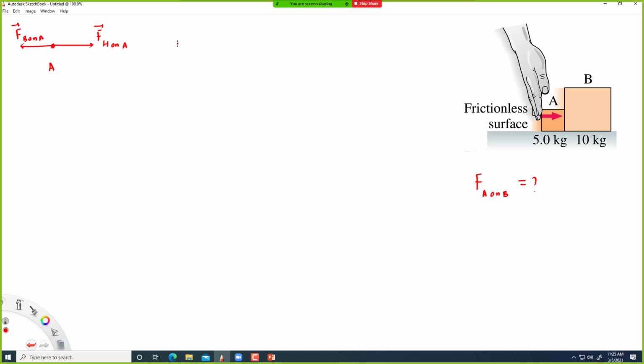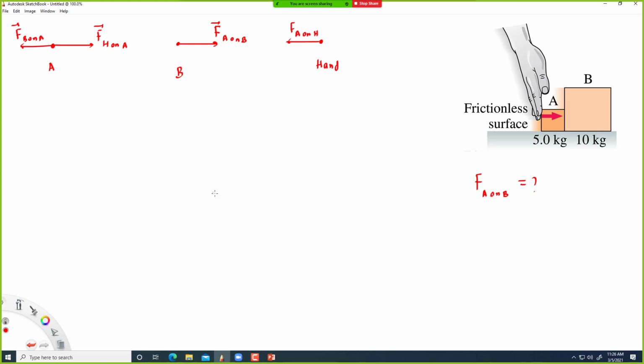And for B, there is only one force, that is the force exerted by A on B. And if you want to draw the free body diagram for the hand, you will have the force of block A, the force of A on hand. Okay.